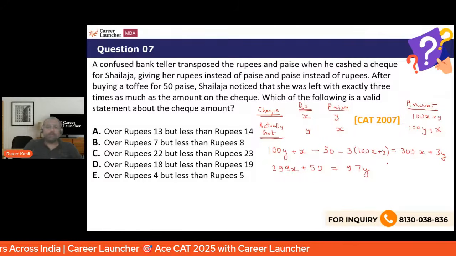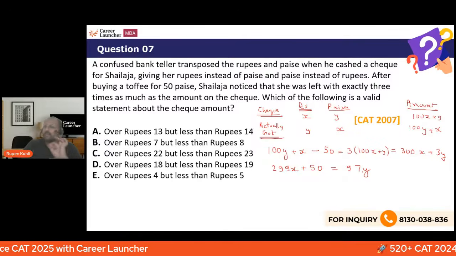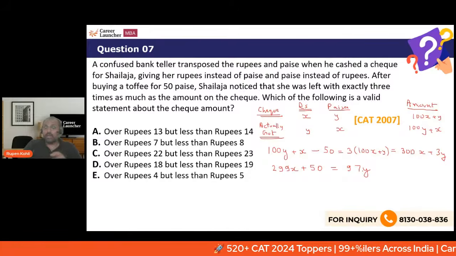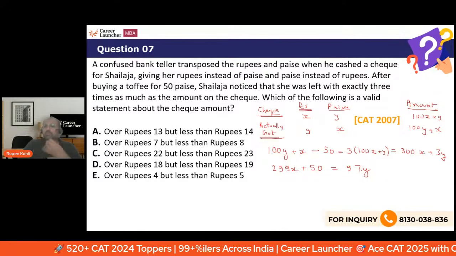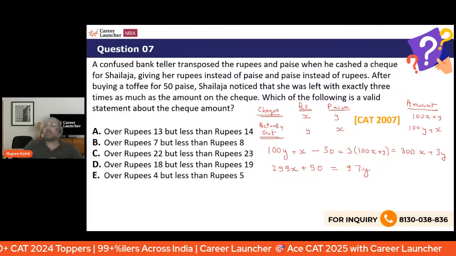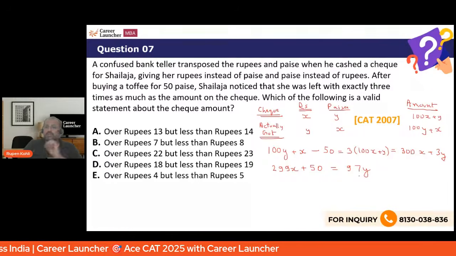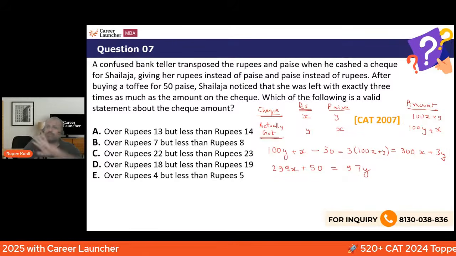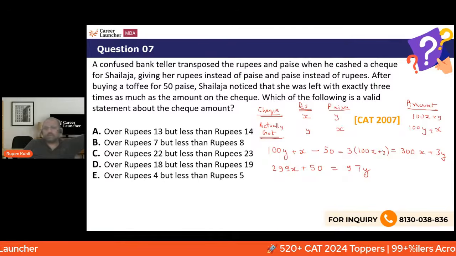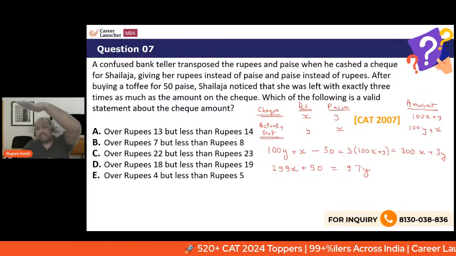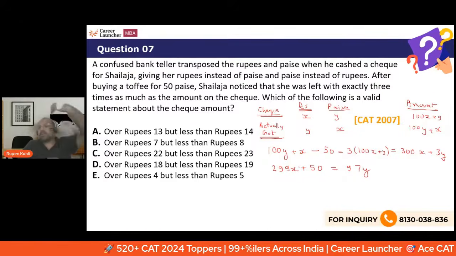Okay, so you see, with these large coefficients, it's a bit difficult to directly do hit and trial. Multiples of 97, multiples of 299, it's difficult to start putting x equal to 0, 1, 2 and keep on dividing by 97. So to make things simple with such large coefficients, keep 97y on the left hand side, and the right hand side expression also needs to be a multiple of 97.